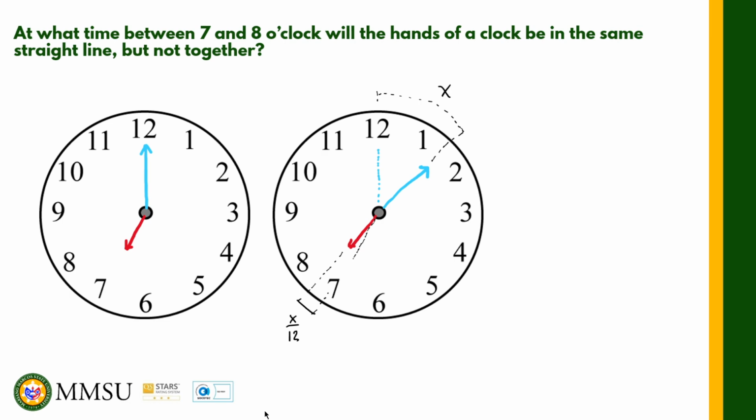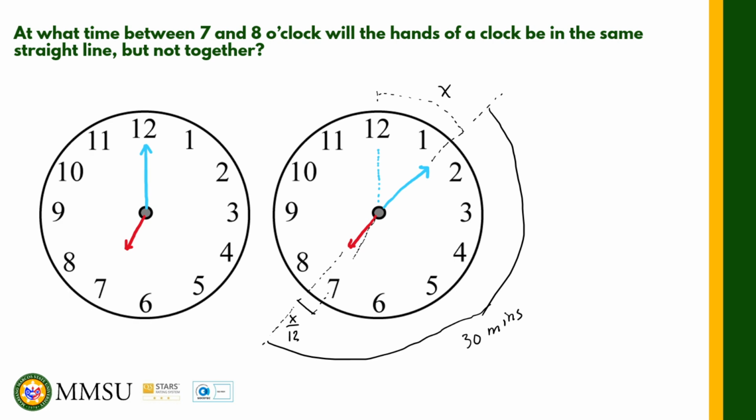Kapag nag-form ng straight line yung hour hand and minute hand of the clock, the time between them is 30 minutes. So from there hanggang dito, that's 30 minutes. Tama?